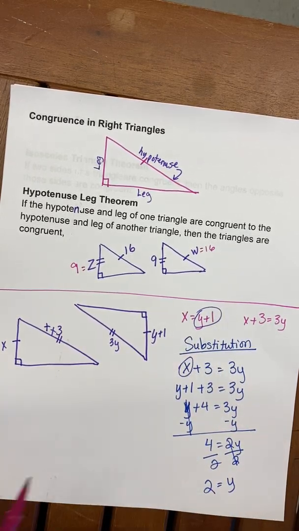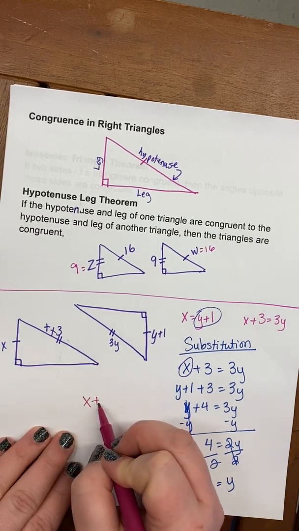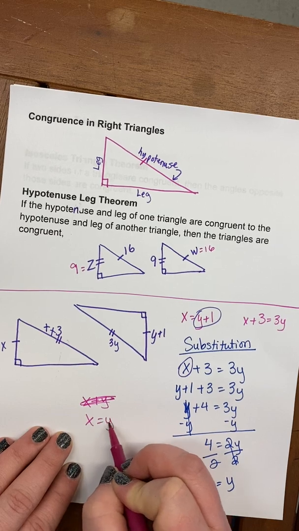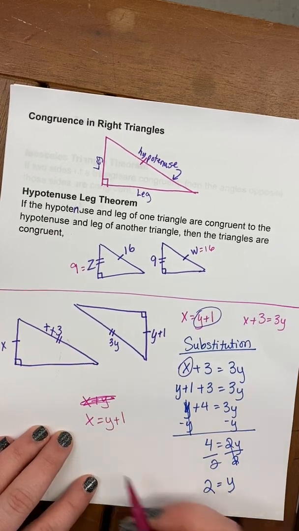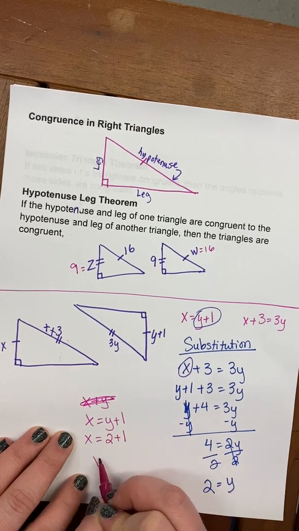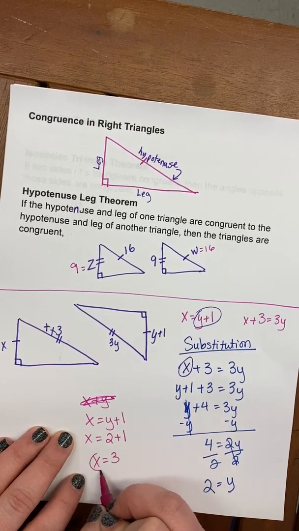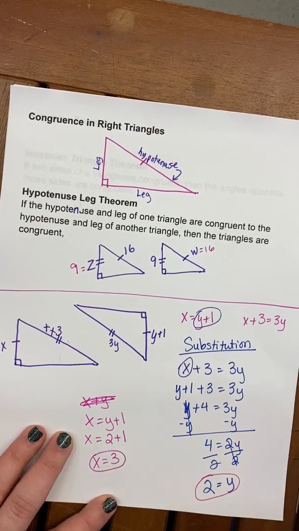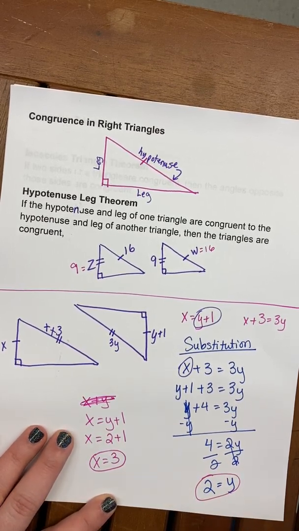So x equals y plus 1. Y is equal to 2, so I'm going to substitute 2 for y and have x is equal to 3. Okay? So y is equal to 2, x is equal to 3.